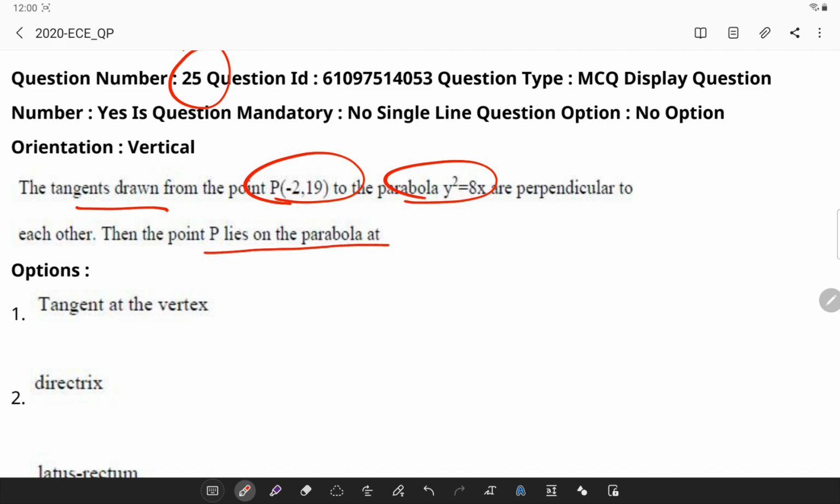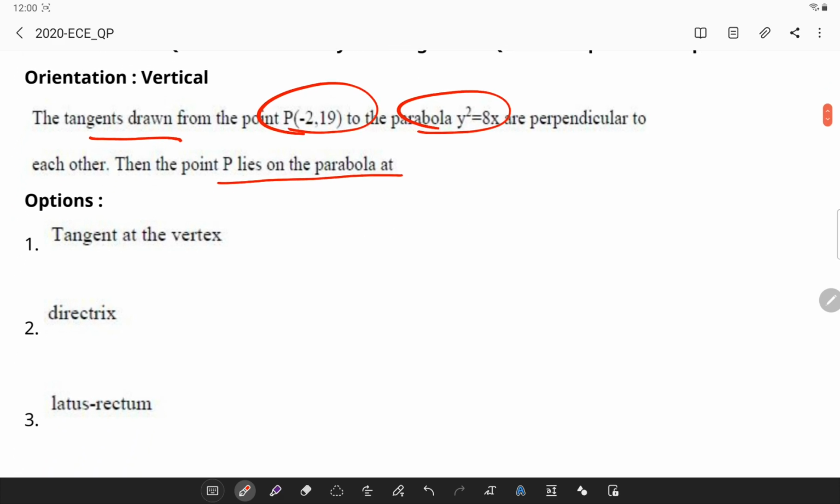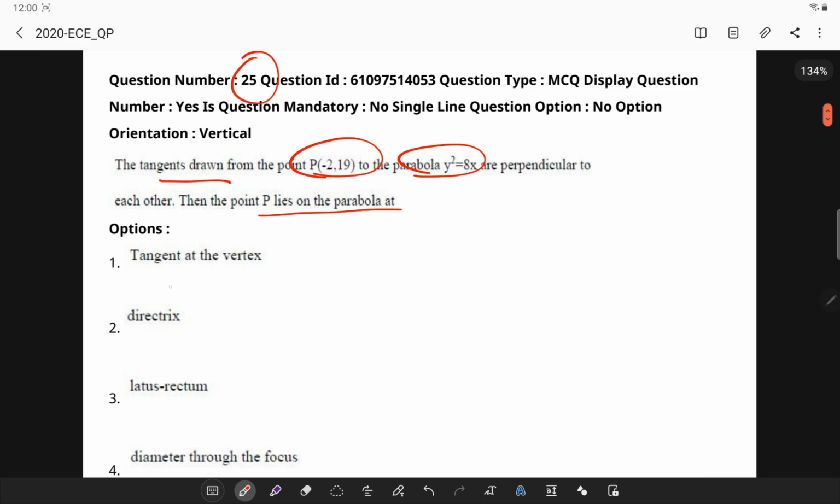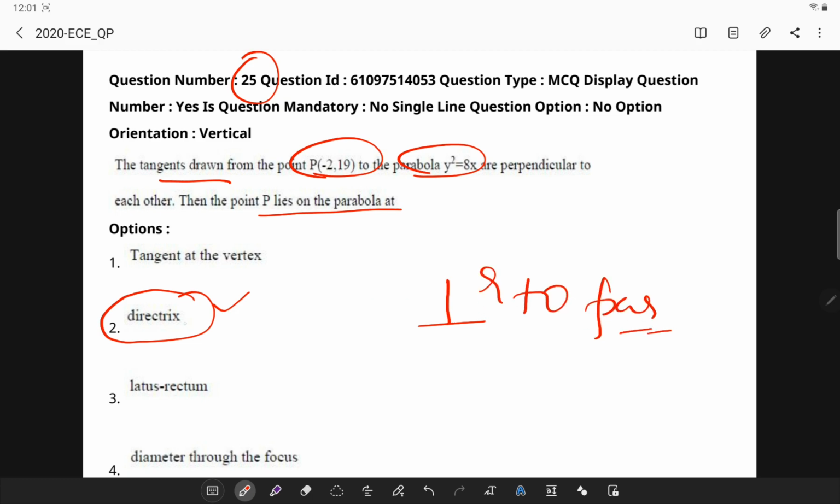So the point P lies on the directrix, because the tangents are perpendicular to each other, and the directrix is where you have this concept of perpendicularity. So directly the student has to remember the point is at the directrix because the tangents are perpendicular to each other. So I'll stop it here.